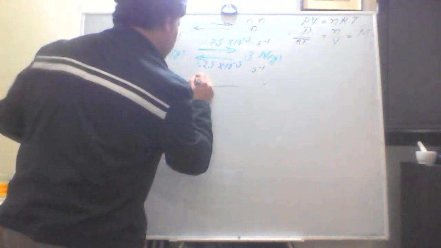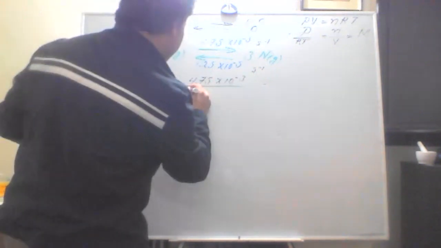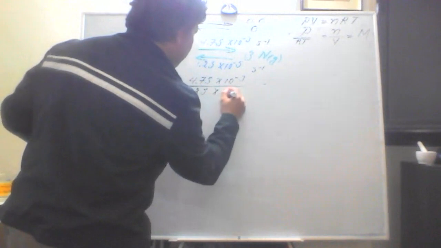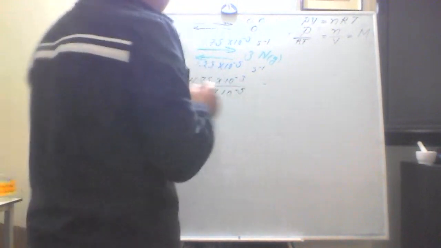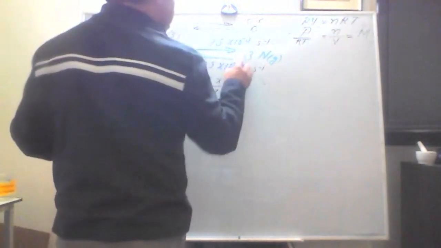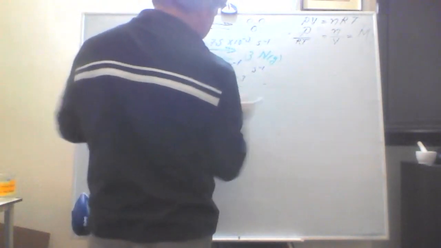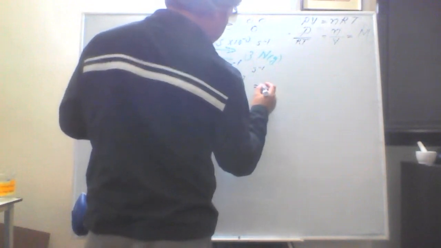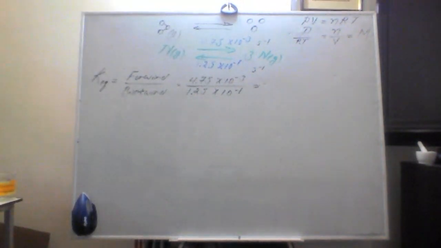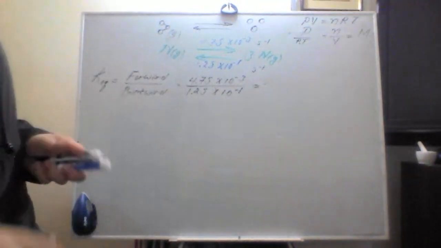The forward is 4.75 times 10 to the minus 3, and the backwards is 1.25 times 10 to the minus... was it right? 10 to the minus 5. No, it's 10 to the minus 1. Okay, so now we have set that up. We have a forward and backward reaction rate constant, and then we know that the equilibrium constant is going to be the ratio of those two numbers. And we just put the numbers together in a way as to get the ratio.